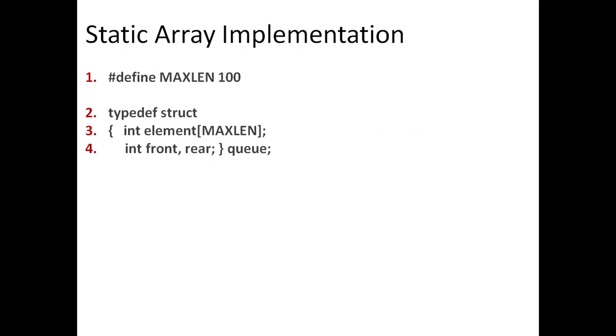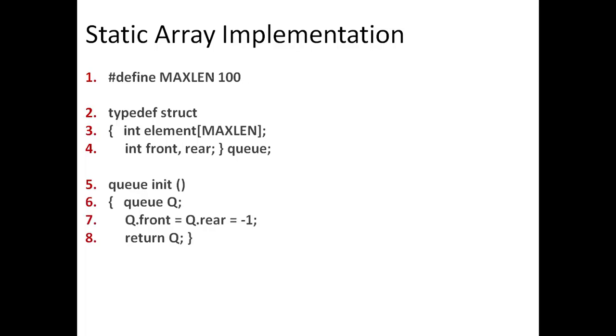Now we are going to look at the other operations also by means of the actual implementation. Here we have declared a queue structure which has space to store elements and two pointers, front and rear. The init operation will only initialize the front and rear pointers to minus 1.